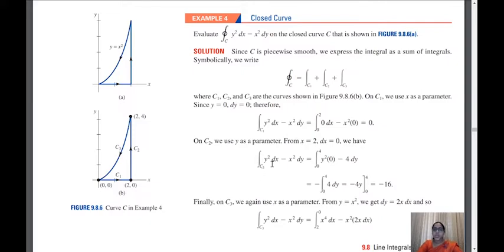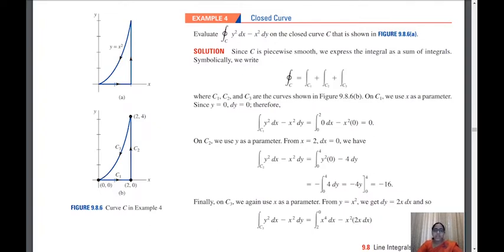The integral over C2 of y square dx minus x square dy will be equal to the integral from 0 to 4 of y square into 0 minus x square into dy. Since x is 2, x square is 4. That is the integral from 0 to 4 of minus 4 dy. What will that value be? That will be equal to minus 16.